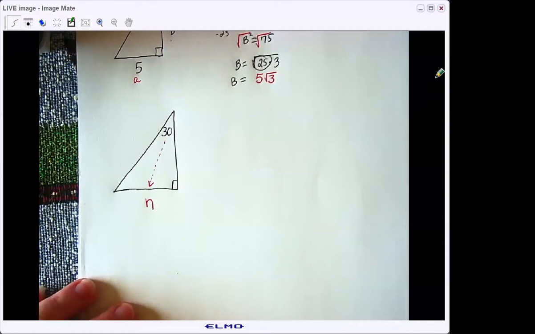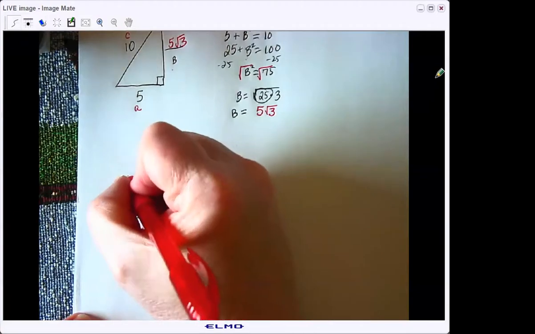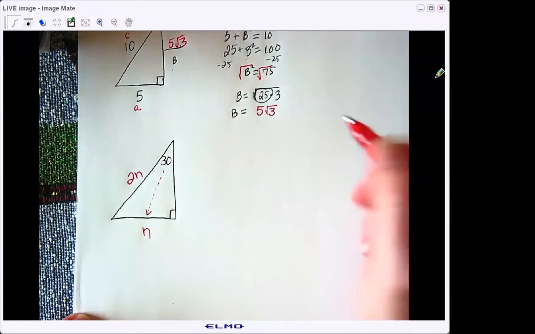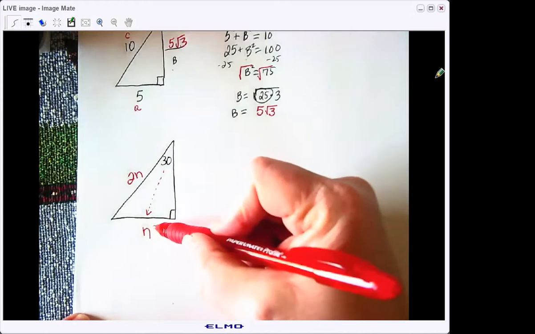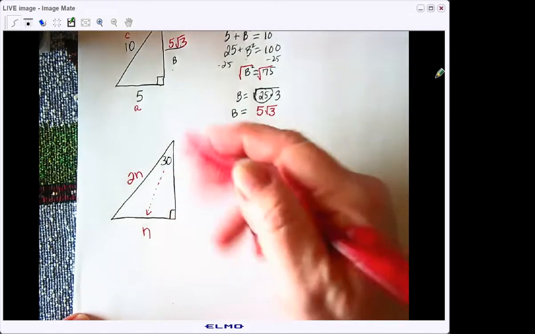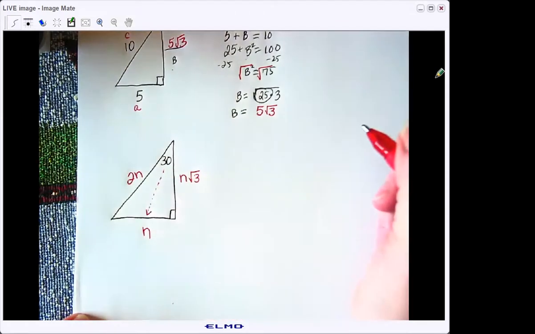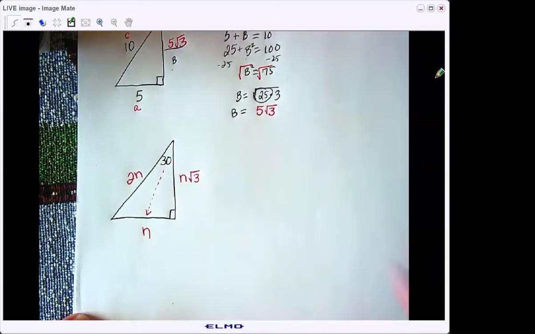And just like 5 went into 10 2 times, this is going to be 2n. And just like Alyssa said, the bottom one and the side number, they're the same, except this one has a square root of 3 next to it. And that's the relationship. That's it.